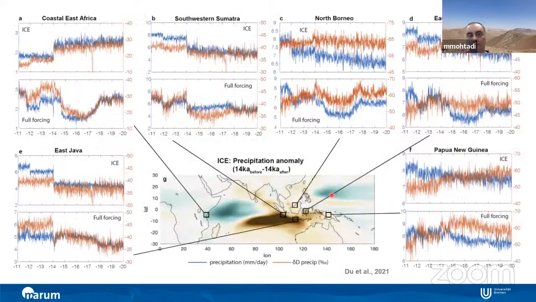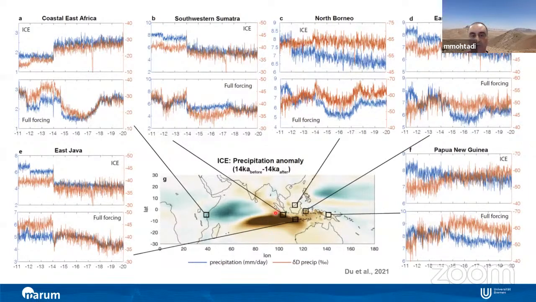And I'd like to finish my talk with this figure, which is again a modeling result, the same model that I've shown before, the iTrace model. Now showing changes in the amount of rainfall as simulated in blue, and in the isotopic composition of rainfall shown in red for different sites.